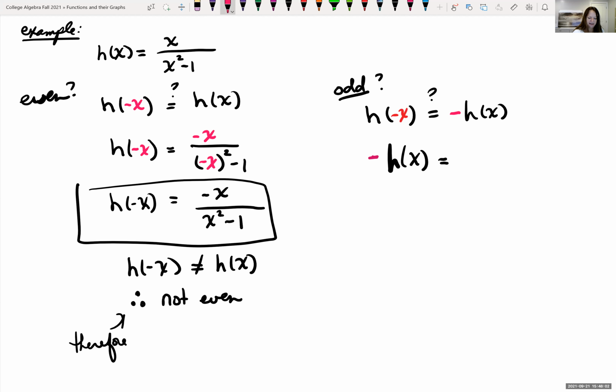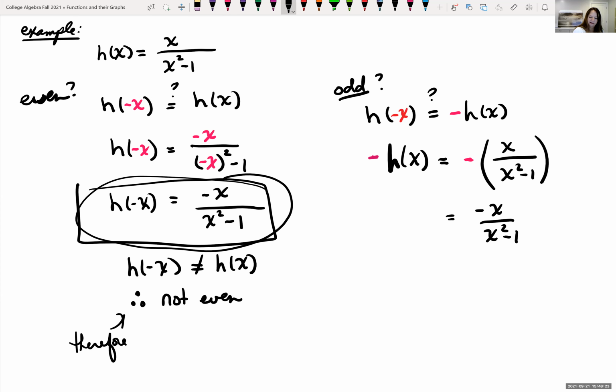So this is negative of this x all over x squared minus 1. Well, I can move that negative up into the numerator if I want. And so this is the same thing as negative x all over x squared minus 1, which notice is the same thing as this over here that we got, which is the same thing as h of negative x. So is it odd? Yes.